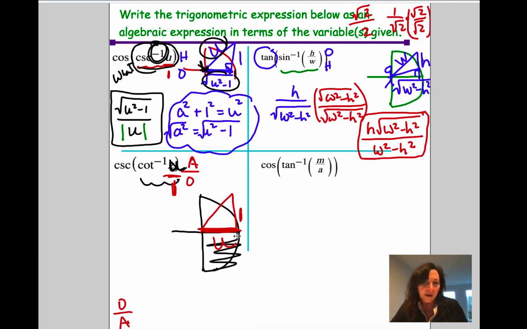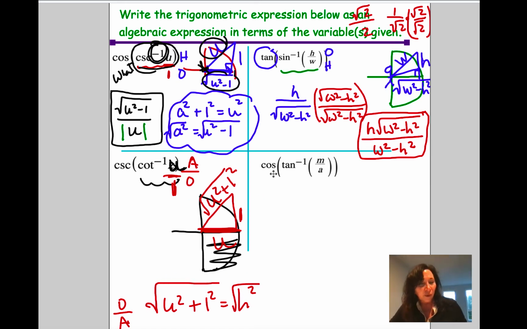So u over 1. And therefore, my hypotenuse is going to be u squared plus 1 squared. A squared plus b squared, right? U squared plus 1 squared is equal to my hypotenuse squared, and to find my hypotenuse, I have to square root both sides. And that's where this square root of u squared plus 1 came in.